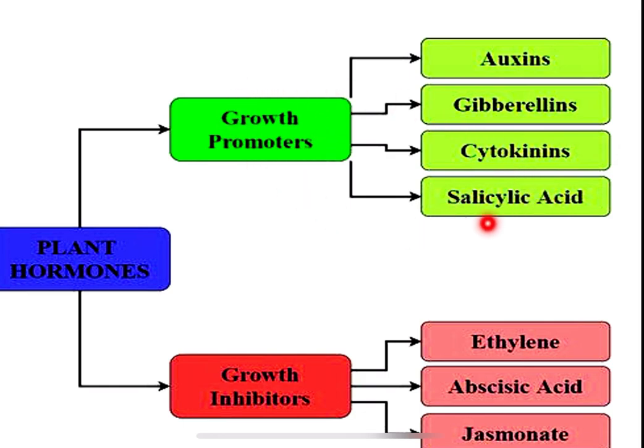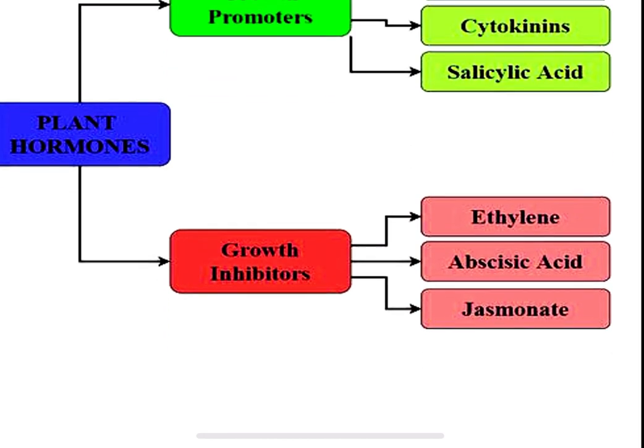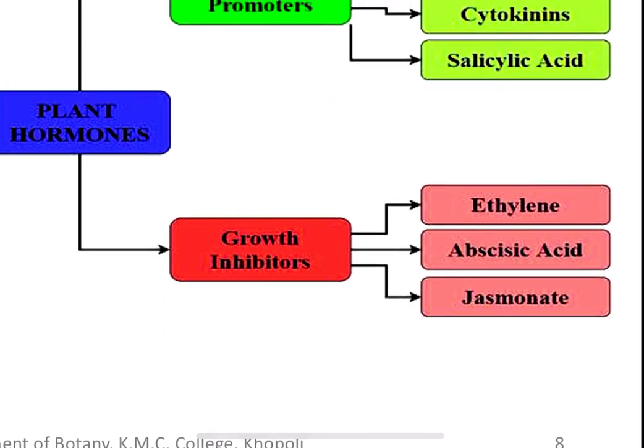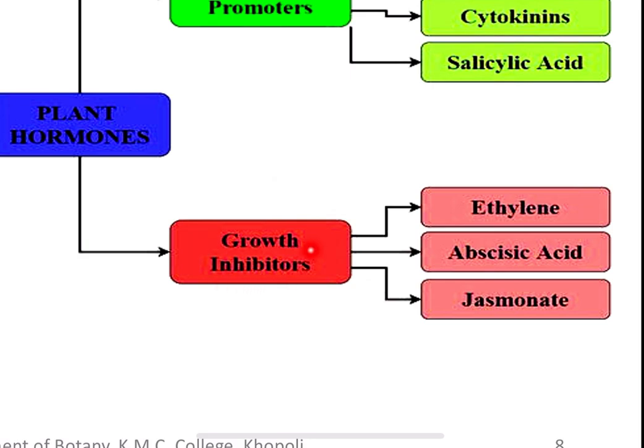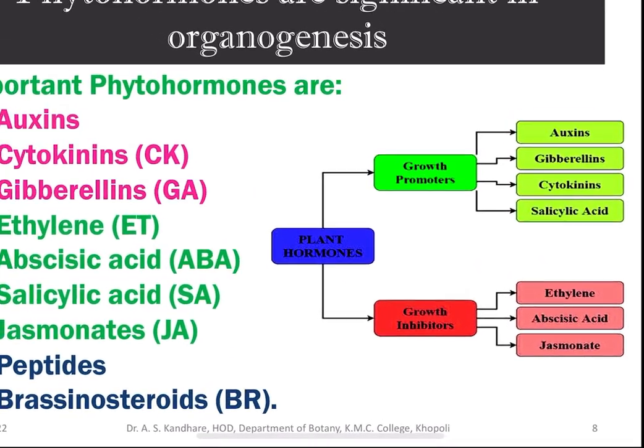So these are categorized in growth promoters. On the contrary, you can see growth inhibitors. तो ये जो ग्रोथ होते हैं वो प्लांट सेल की, उसको इनहिबिट करके रखते हैं, उसको ज़्यादा बढ़ने नहीं देते हैं. ये है इथिलीन, एब्सिसिक एसिड एंड जास्मोनेट. So these are the growth inhibitors.